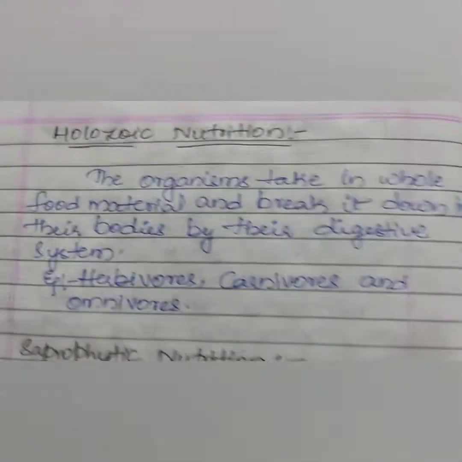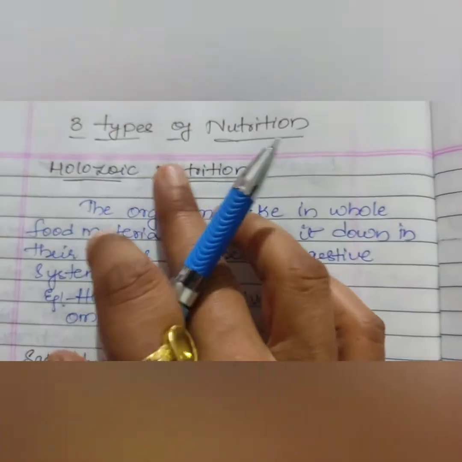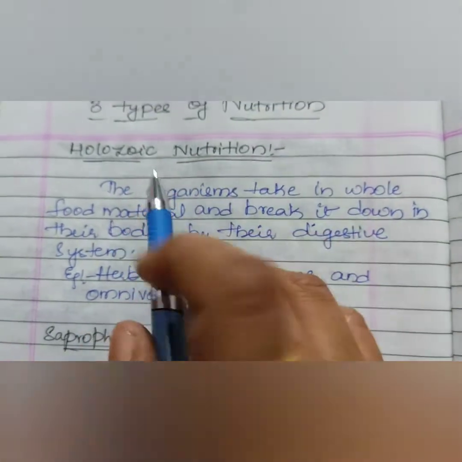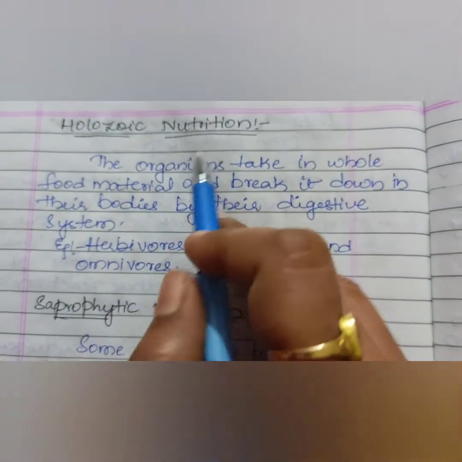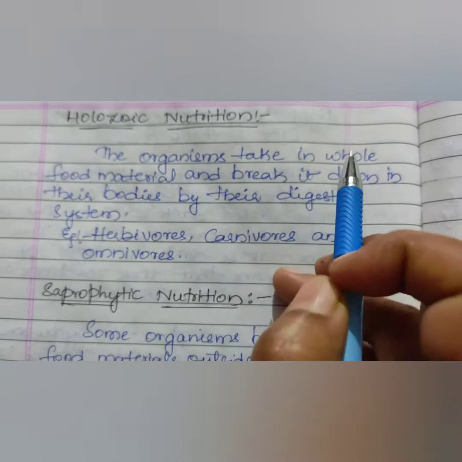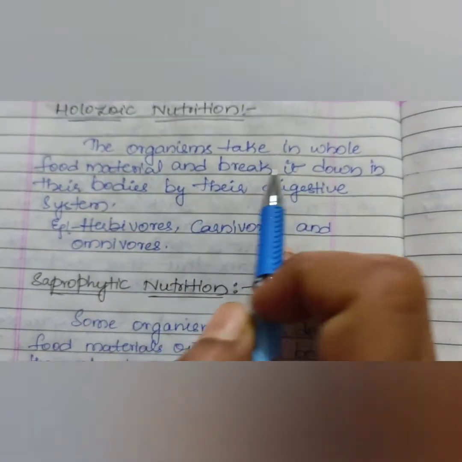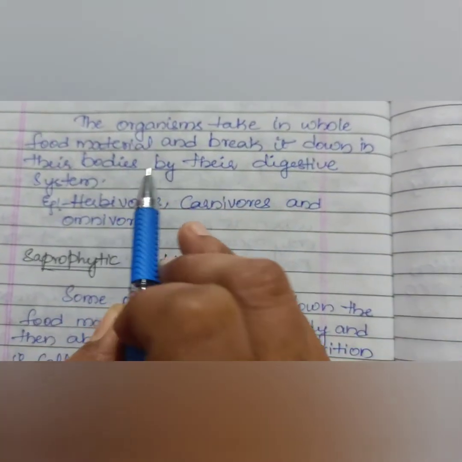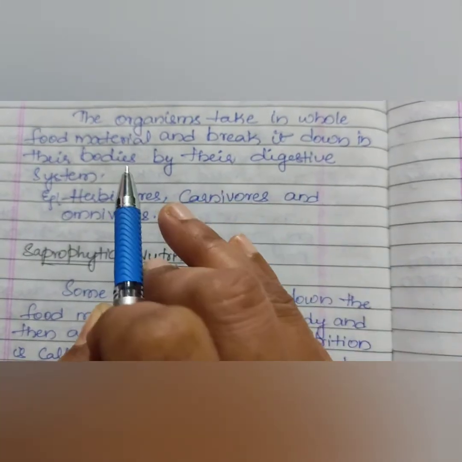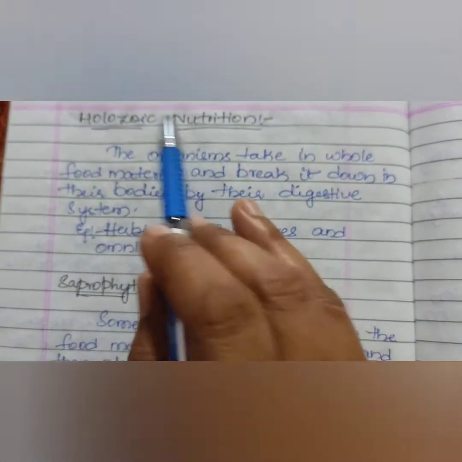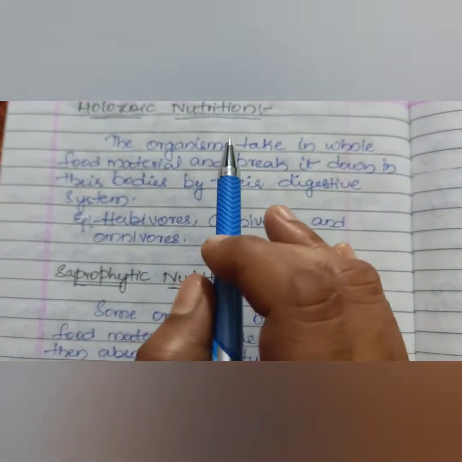Next, we'll see there are three different types of nutrition. The first one is holozoic nutrition. The organisms take in whole food material and break it down in their bodies by their digestive system. This is called holozoic nutrition.